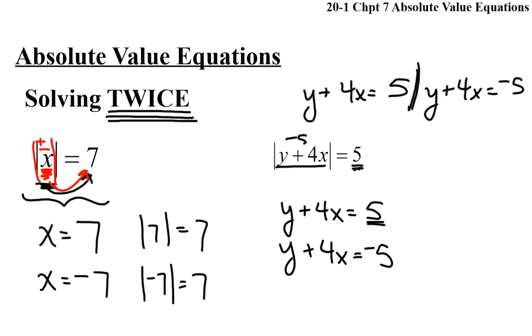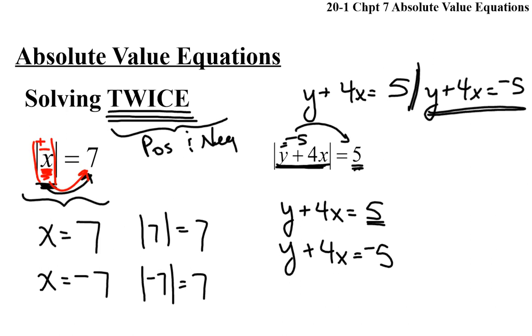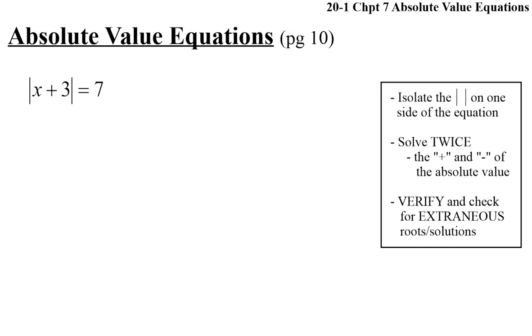Because if this y plus 4x equaled -5, that would still be okay, because the -5 would turn to a positive 5. So we are always solving twice. We're solving for the positive and the negative of the equation. So that's the trick with absolute value equations.